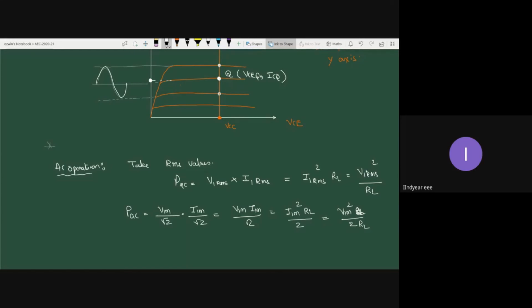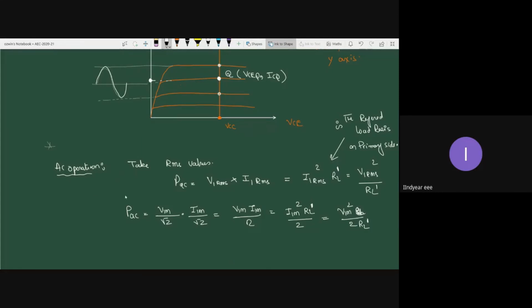Since we are considering power delivered to the load, you can take RL dash everywhere, because RL dash is the referred load resistance on the primary side.